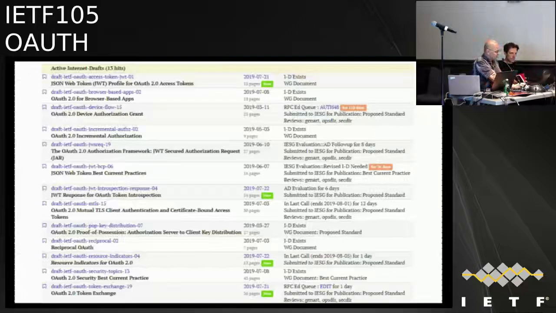Incremental authorization, I think that this is something that the chairs will have to pick up and start providing a write-up on this one. I think that the document is ready to move on, but we were kind of trying to clean up stuff because we had lots of other documents.